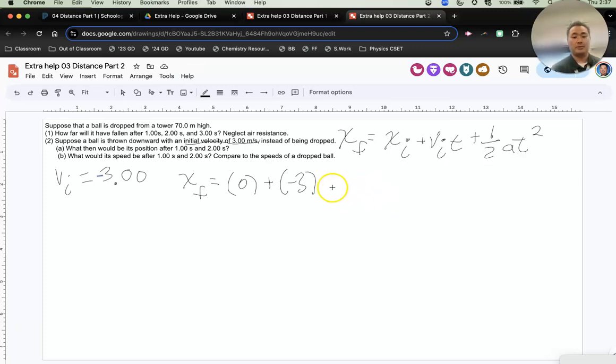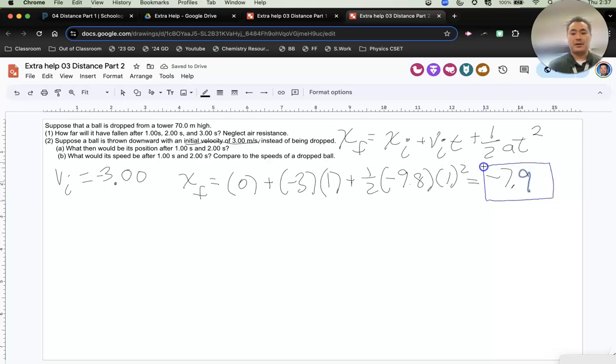So -3, and then t is 1 plus half times -9.8 times 1 squared equals, what do you get? -7.9, that's correct. Well done. And that's how far the ball moves.